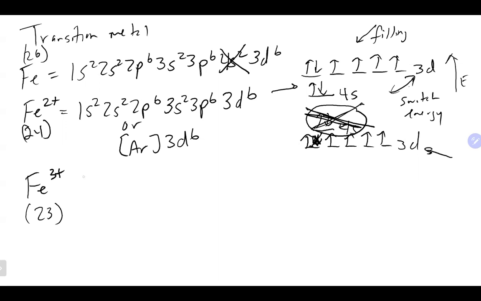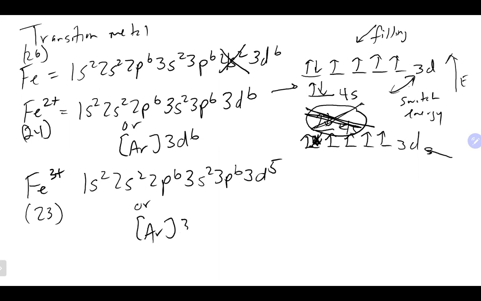And it would end up with 1s2, 2s2, 2p6, 3s2, 3p6, 3d5, or argon 3d5. This again is specifically for transition metals. If you have a transition metal that loses electrons, you should always take away the electrons in the s first. And then if more need to be removed, you should dig into the d's and take them out at that point.